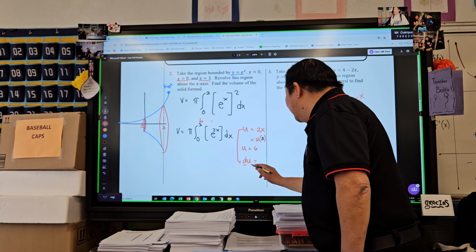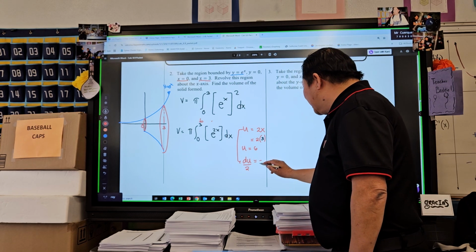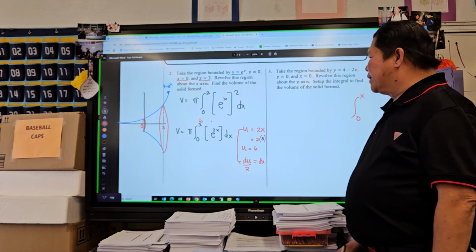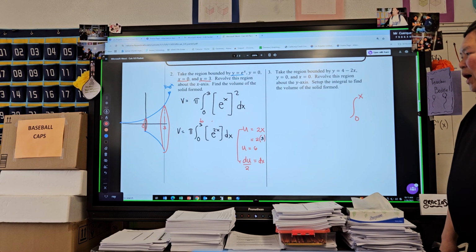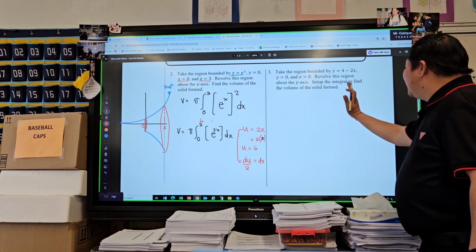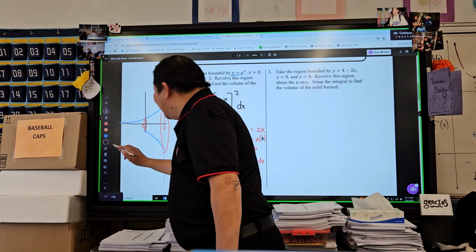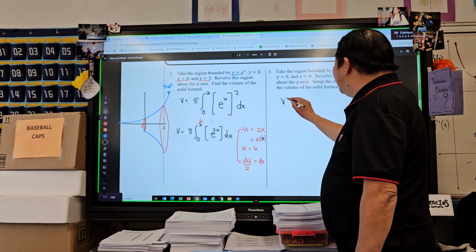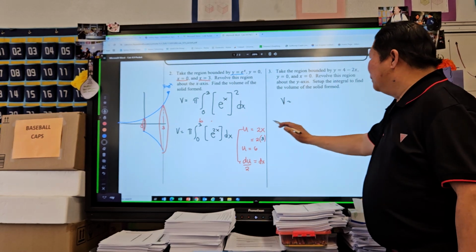Du over 2 or 1/2 du is equal to dx. So how we write now? Derivative of 2x equals 2. du equals 2 dx.